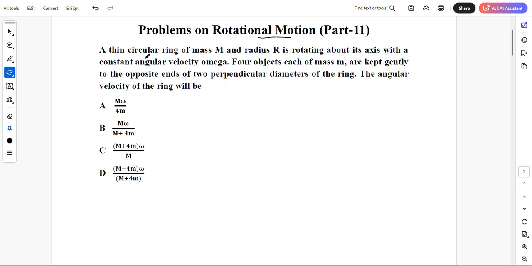Now this is the first problem. A thin circular ring of mass m and radius r is rotating about its axis with a constant angular velocity omega.